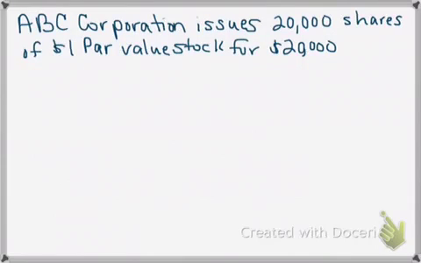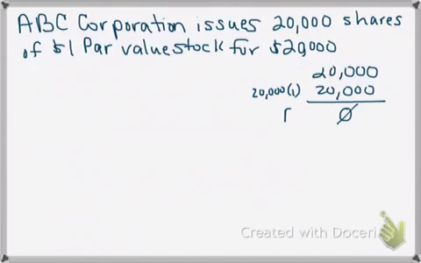This next one, it says ABC Corporation issues 20,000 shares of $1 par value stock for $20,000. So what are we getting? Well, we're getting $20,000 in cash. We have 20,000 shares, $1 par. So that gives us $20,000 as that amount. And so our excess here will be 0.